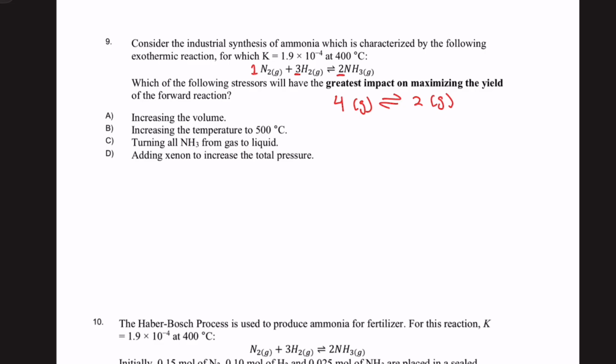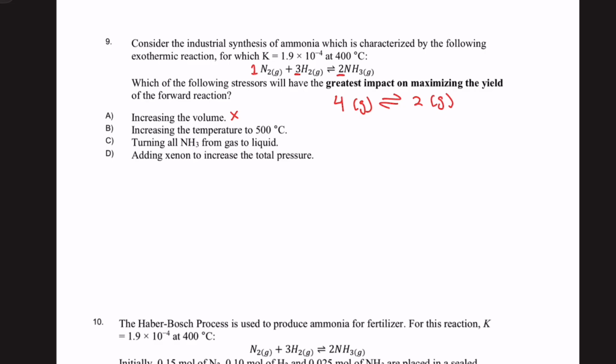So if we increase the volume, the pressure is going to go down. So it's going to move towards the side that has the more moles of gas in order to counteract the change in volume. So it's going to move towards the reactant side in the backwards direction. So it is not going to be A.